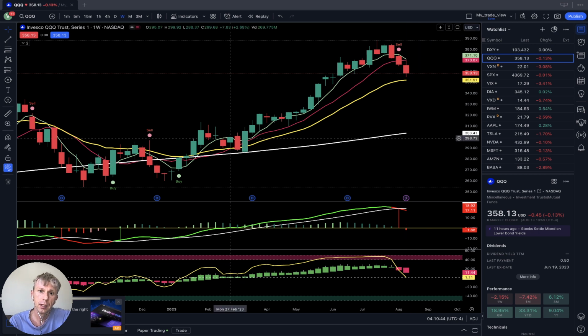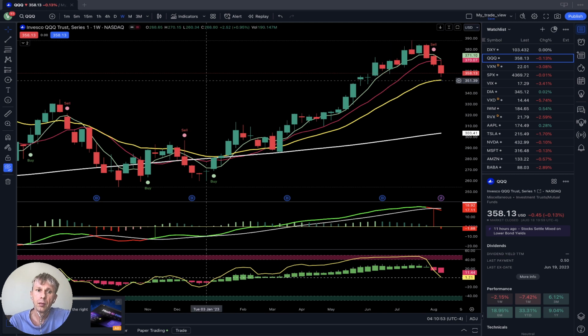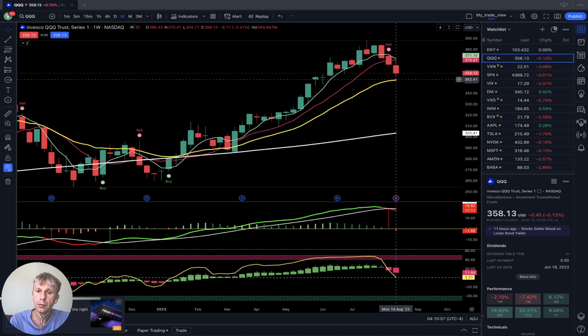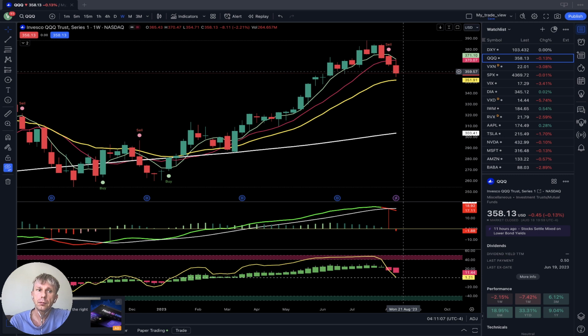Look at it. It touched 20 and bounced from it. It was exactly the same, right? Touched 20 and bounced from it. But when MA5 and 10 move below 20, it will be a fully confirmed bearish trend. So far it is a negative signal, but it is just a signal, not a trend.